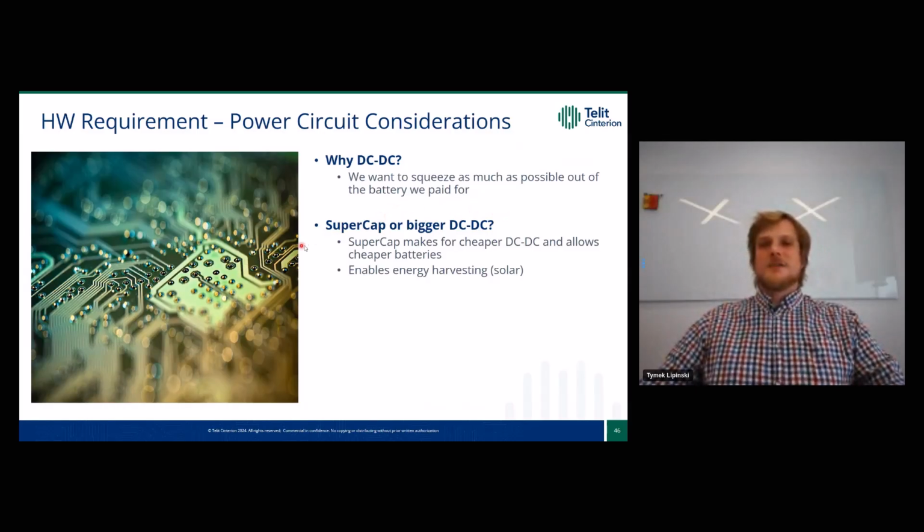Well, the thing is that a supercap makes for a cheaper DC to DC because we don't need to cover so much current requirement from the module. And it generally allows us to use cheaper batteries. It also enables energy harvesting. We can have a small solar panel and use the energy of the sun to power our device.